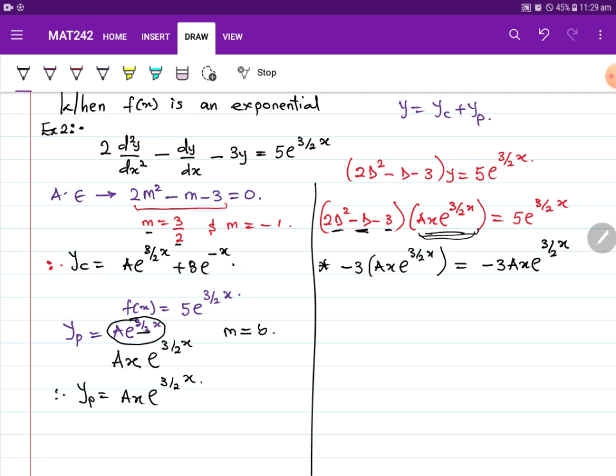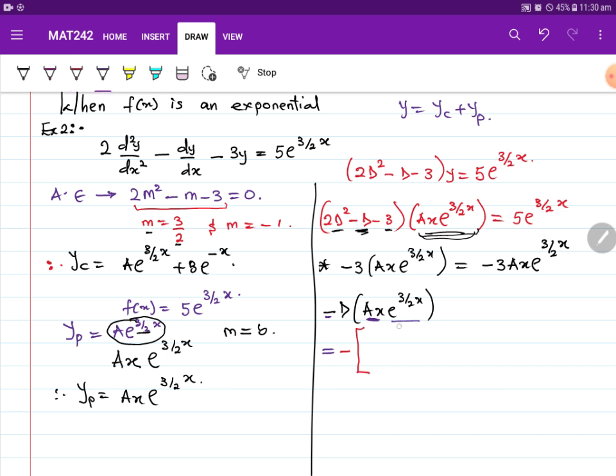Now, minus D of ax exponential 3 over 2x. It means I want to differentiate what is here once, and after differentiating it, I multiply it with the minus sign. To differentiate this, it is a function times a function, so product rule. The minus outside will multiply my final answer, which is the derivative of what is there.